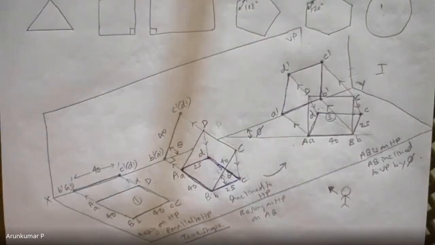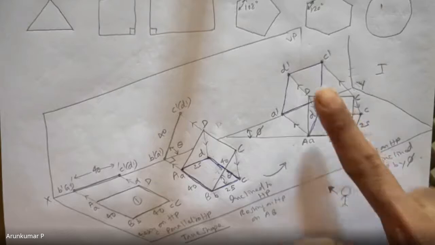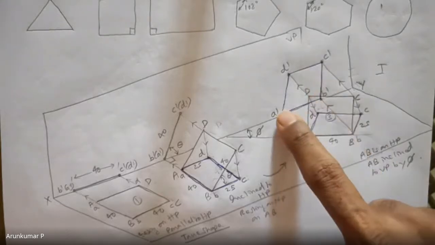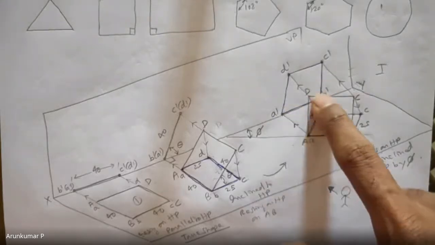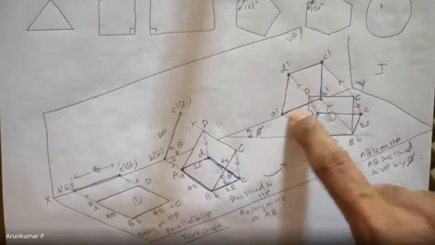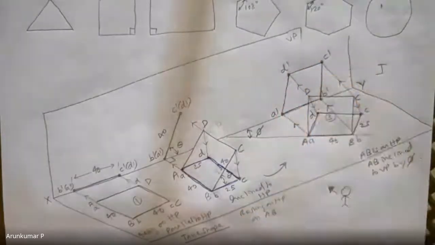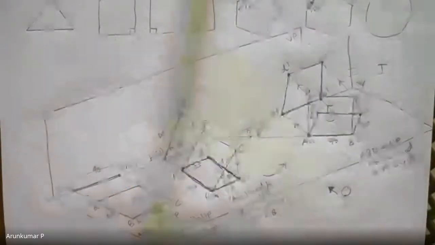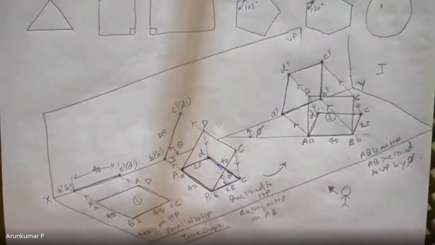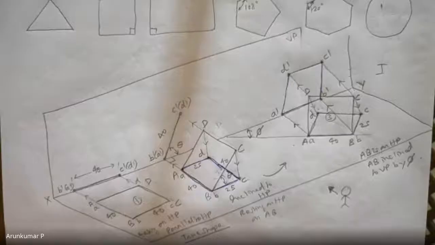My point is, in the third step front view, you have got 4 edges: A dash B dash, B dash C dash, C dash D dash, and D dash A dash. Any one of these 4 edges, are they 40 mm? The same as the original shape. Why? Correct? No. But why?